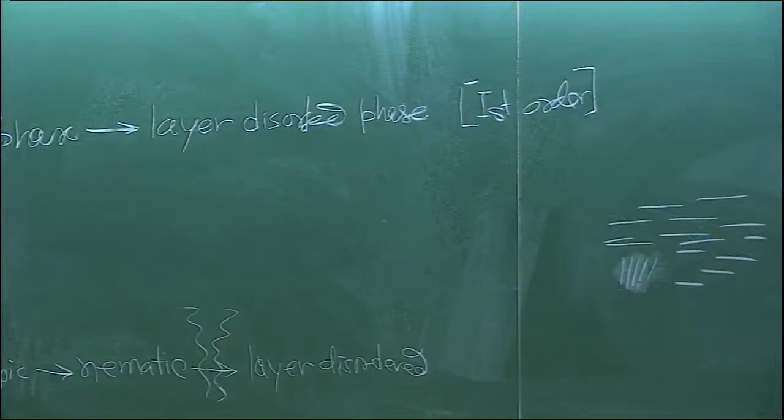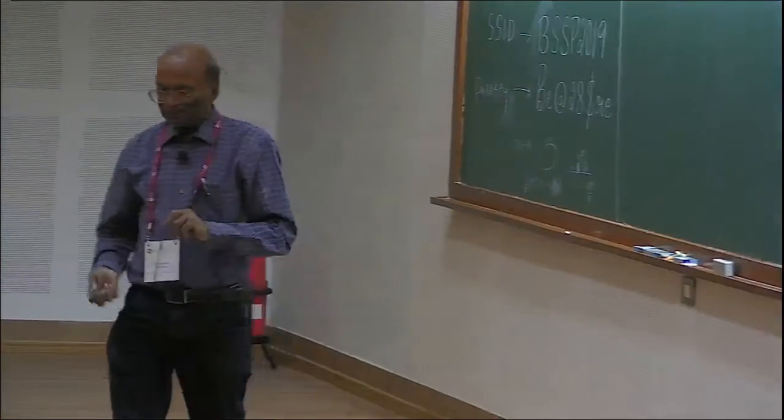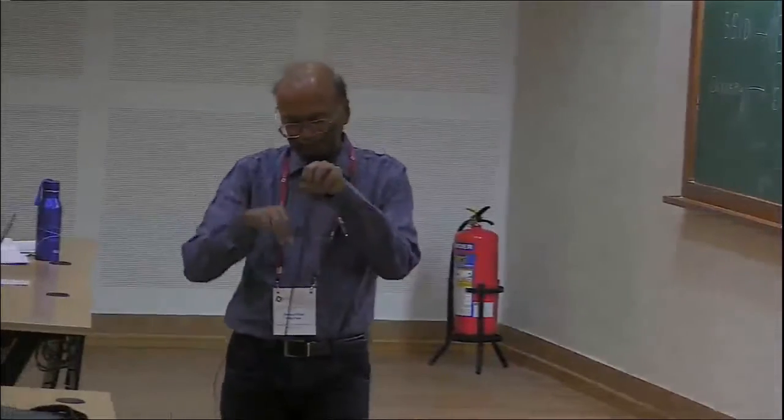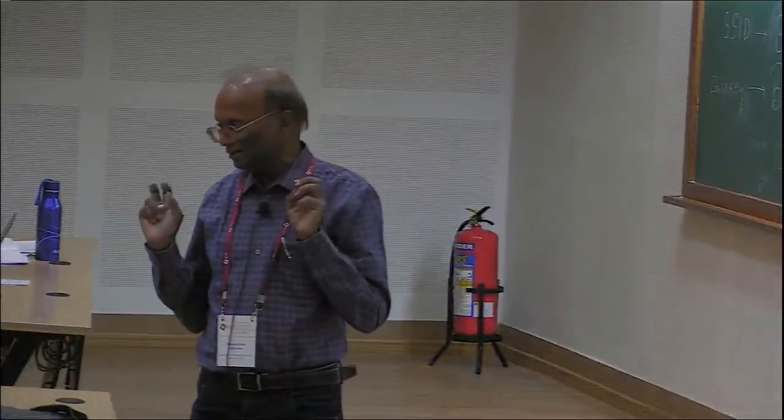Okay, so now in the next 5 minutes, these in the continuum limit are complicated because the size and shape of the cross section may be important in going to the limit.